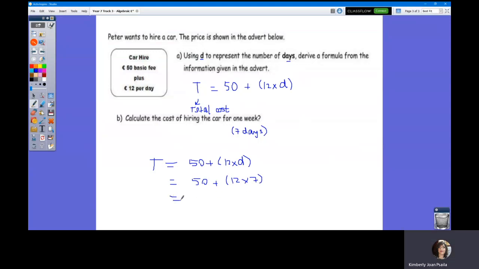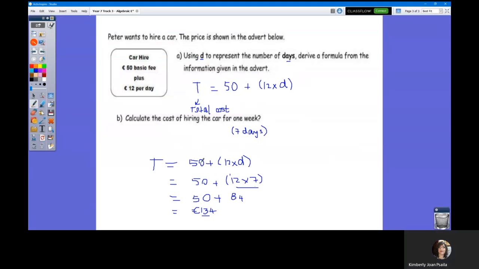According to BIDMAS, we work out the multiplication first. 12 times 7 gives us 7 times 2 is 14, 7 times 1 is 7, 84. Now 50 plus 84 gives us 134 euro. So the total cost for hiring the car for 7 days, 1 week, is 134 euro.